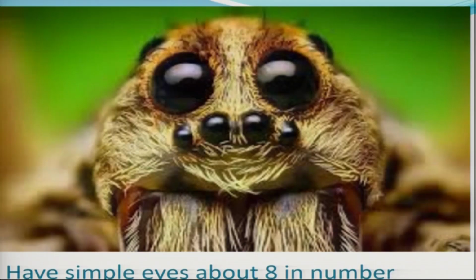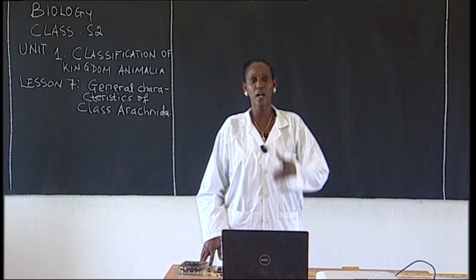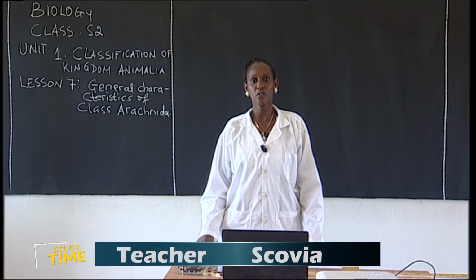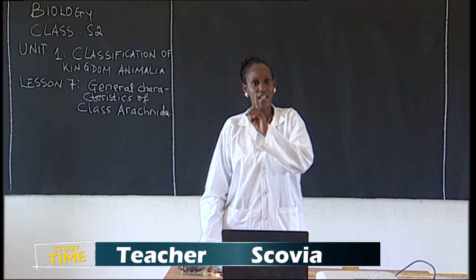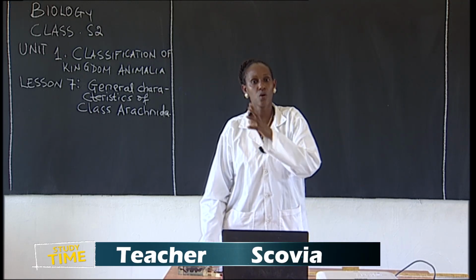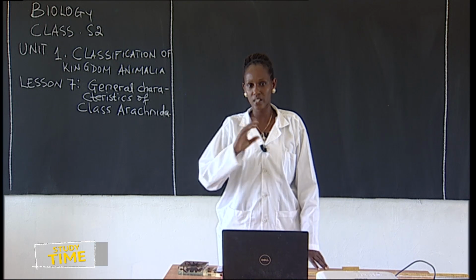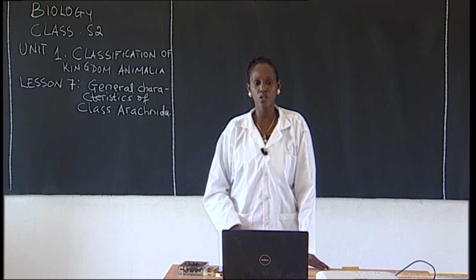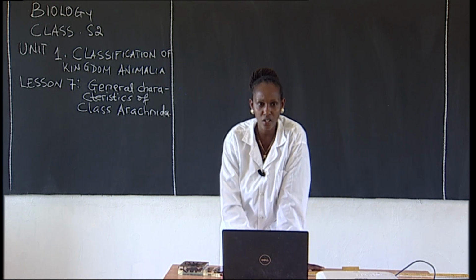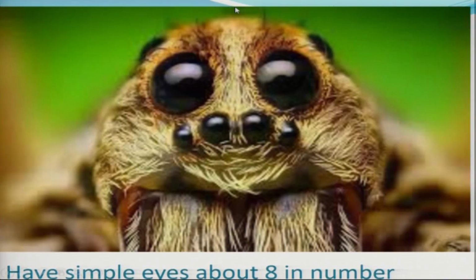When we were introducing this lesson about phylum Arthropoda, we said that to classify, we can base on the eyes. All right? Look on the screen. It has 8 simple eyes in number.